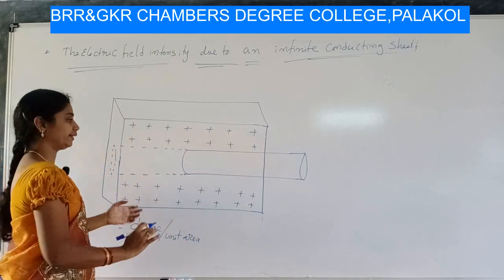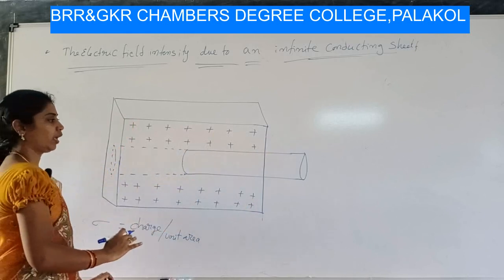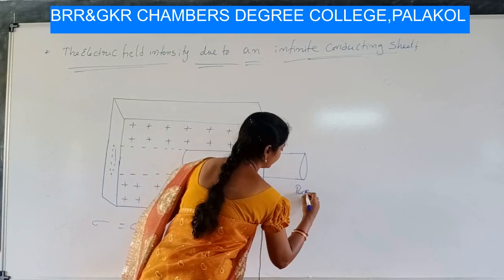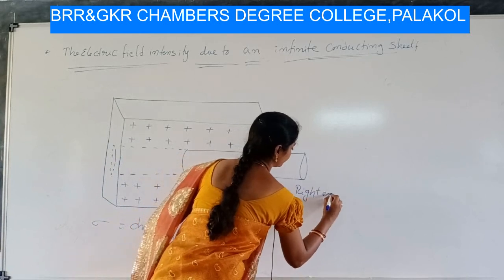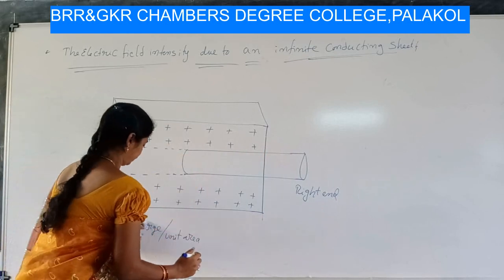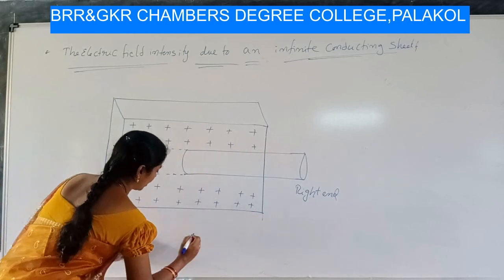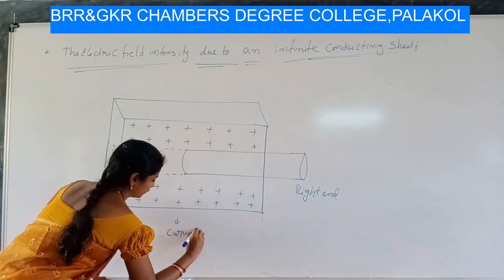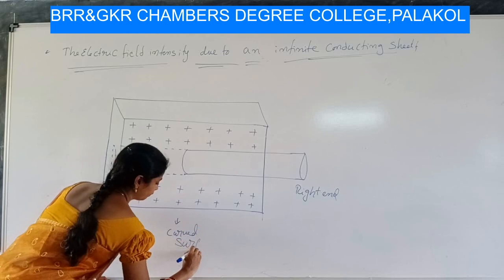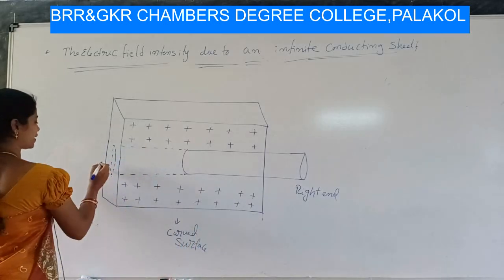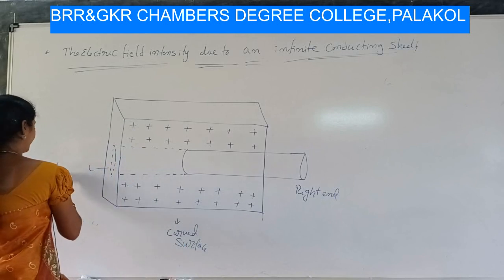So, we consider three parts: outside the conducting sheet as the right end, the middle of the conducting sheet as the curved surface, and the end of the conducting sheet as the left end.